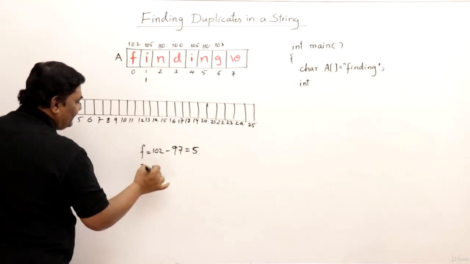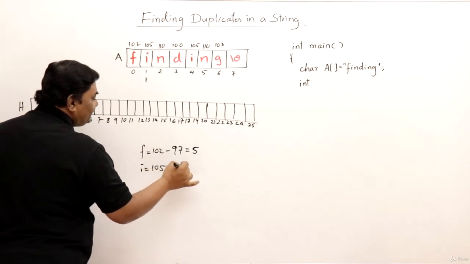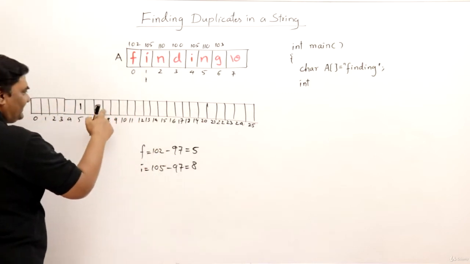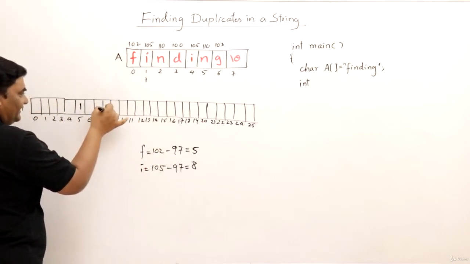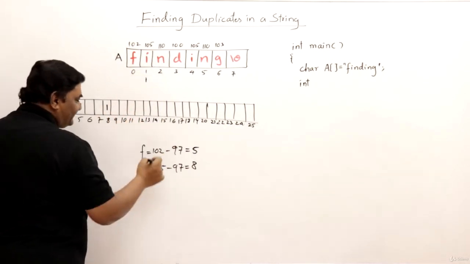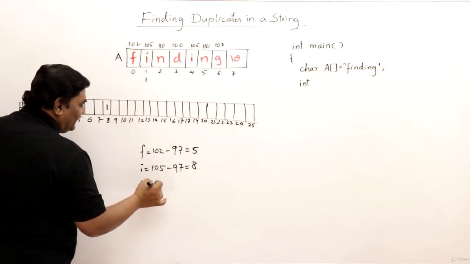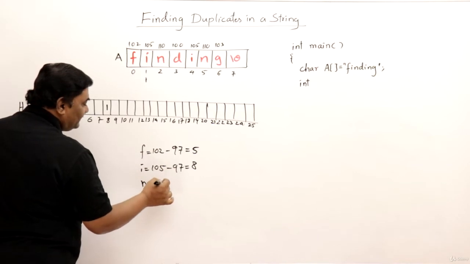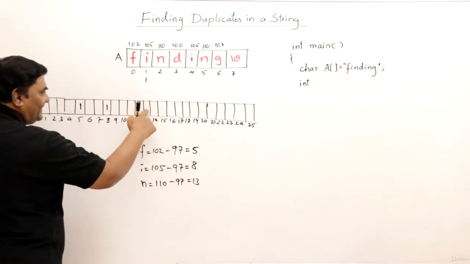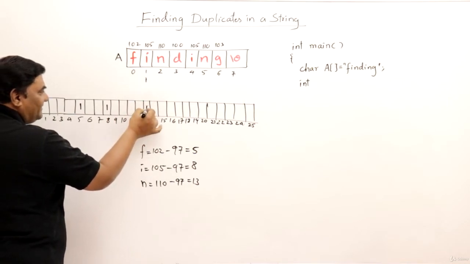Minus 97, then this will be 8. So go to index 8 and increment it. Already it was 0, just make it 1. Then next N. N's ASCII code is 110, right? Subtract 97, so it is 13. Go to index 13 and increment it.